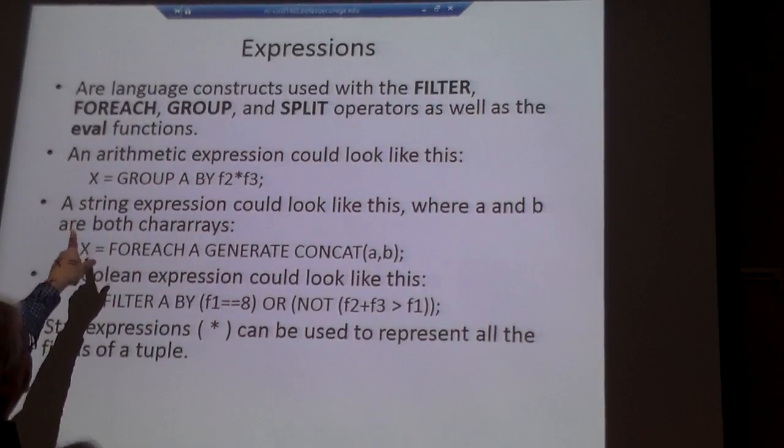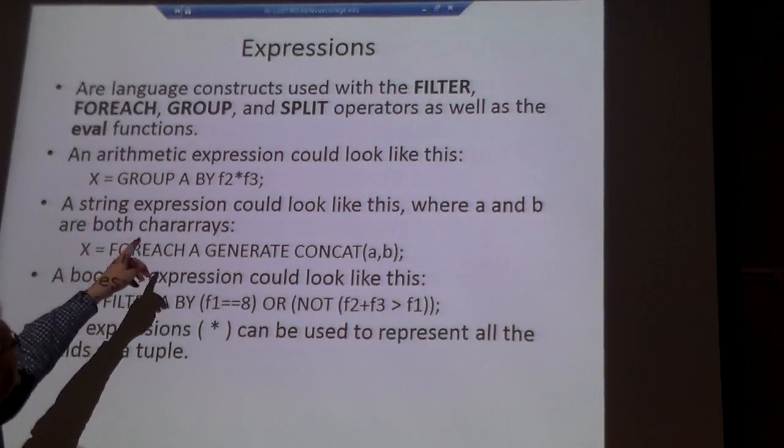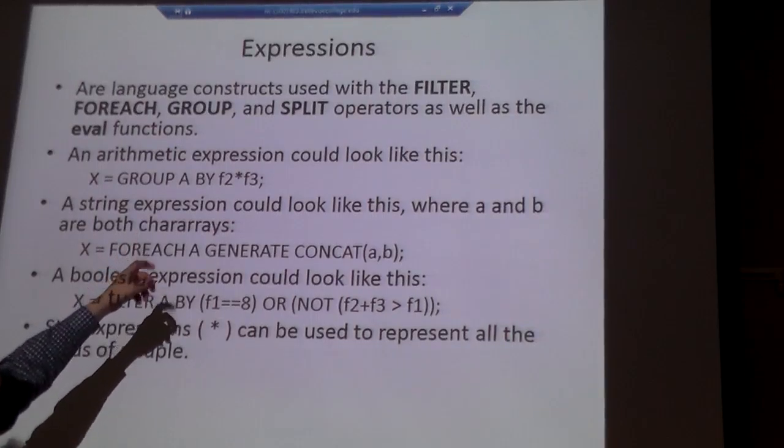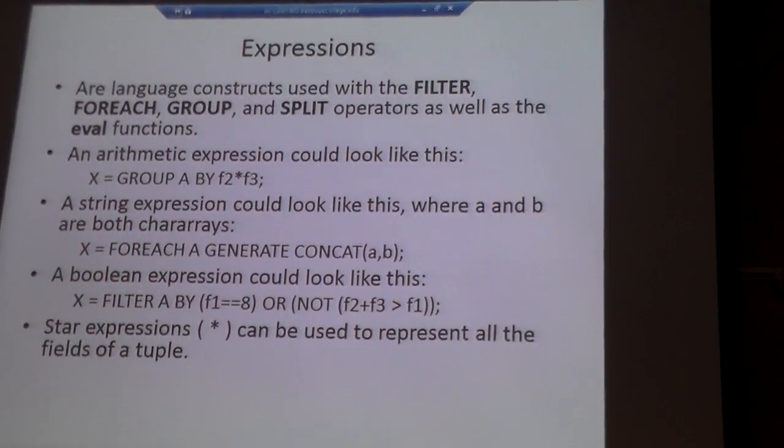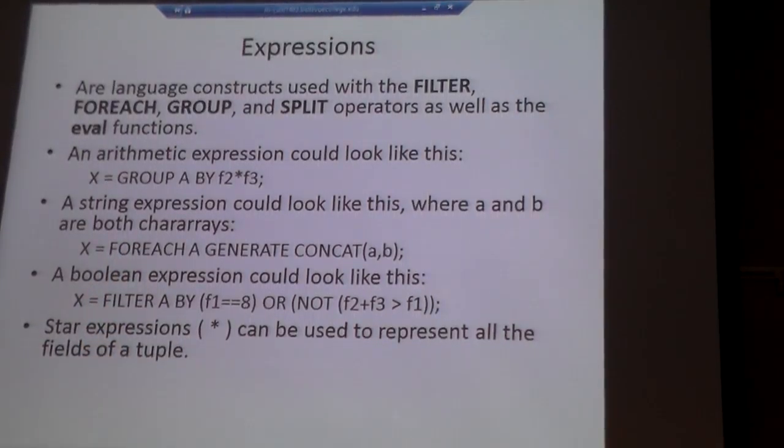This new set of data X, you get by taking A and grouping them by the result of multiplying F2 times F3. That would go through every row of data in A, multiply F2 by F3, and make a whole bunch of tuples of the results.